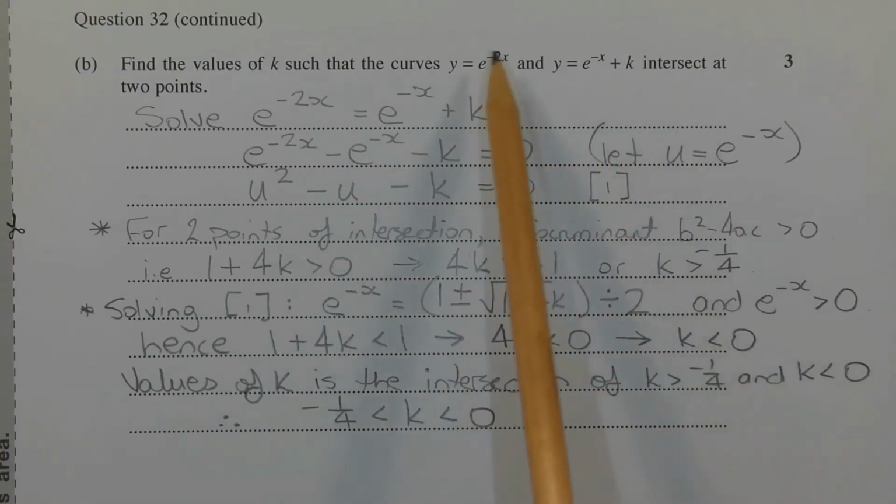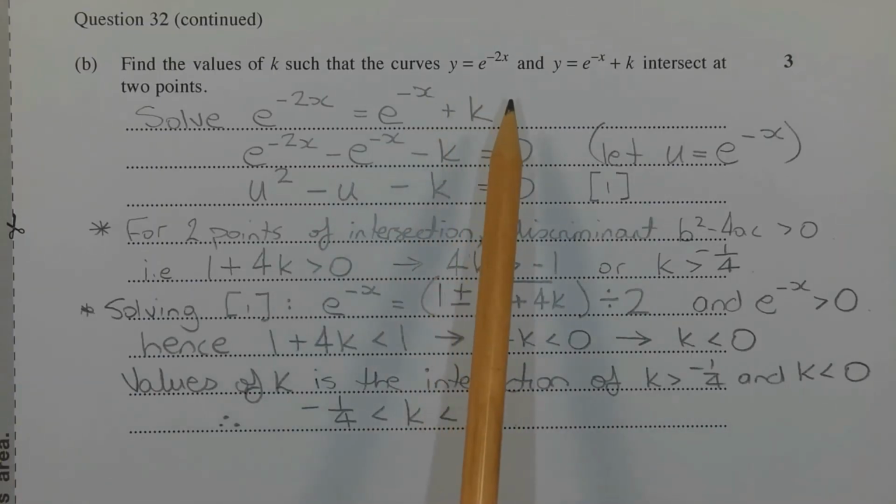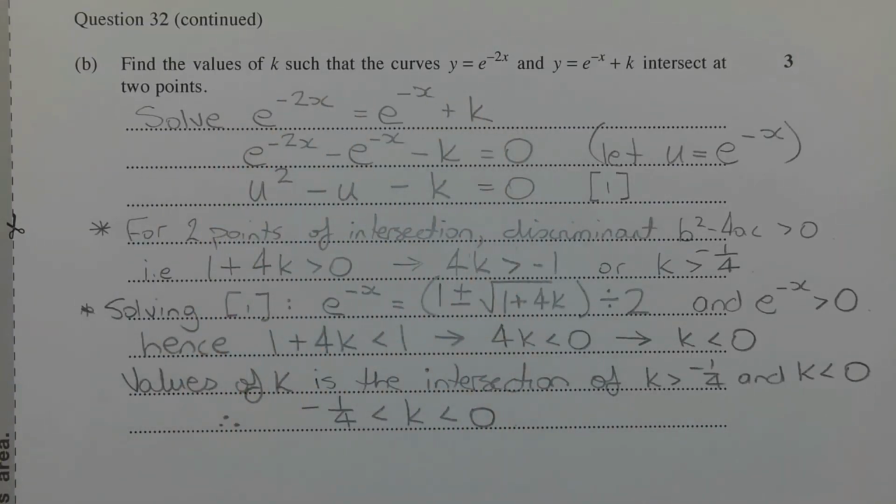And we can solve this by substitution by eliminating the y. We want to solve e to the power of negative 2x equals e to the power of negative x plus k. Moving all terms over to the left-hand side, we have e to the power of negative 2x minus e to the power of negative x minus k equals 0.